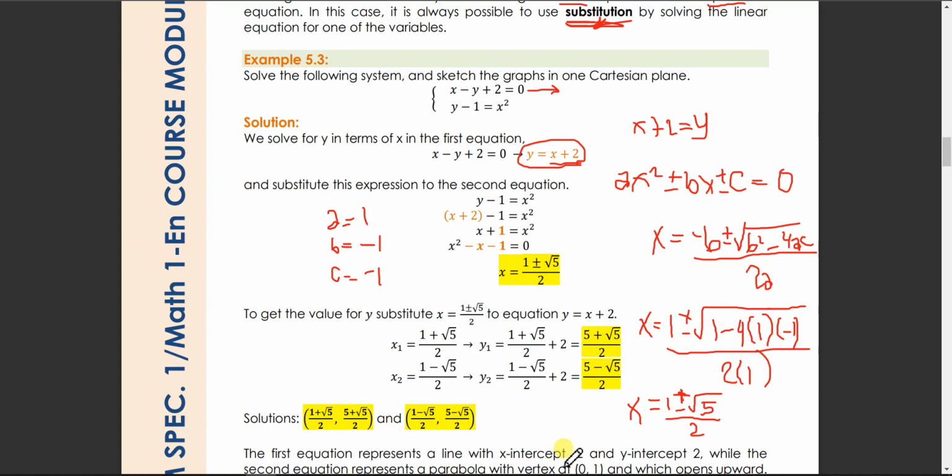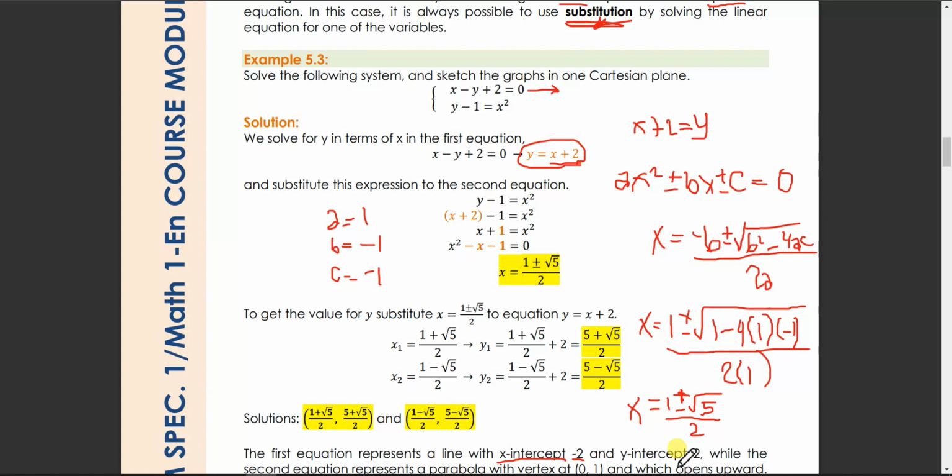So if you're asked to find the x-intercept, then you set y equal to 0. So if 0 ni siya, so may mo siyang x plus 2 equal to 0. So you transfer 2 to the other side, which makes it negative 2. So that's why if you're going to find the x-intercept, your answer is negative 2.